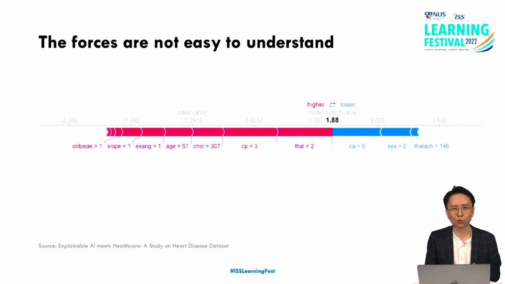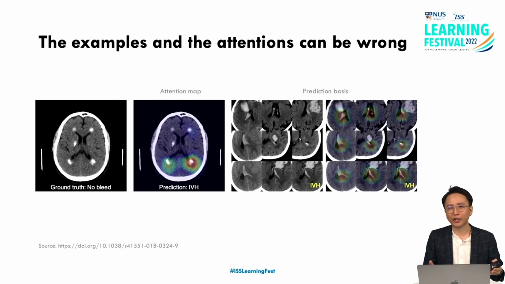And even for those who have understood the idea, the interpretation can be ambiguous and misleading. According to some studies, it is possible to misinterpret the output from SHAP and therefore produce the wrong explanation for the model.